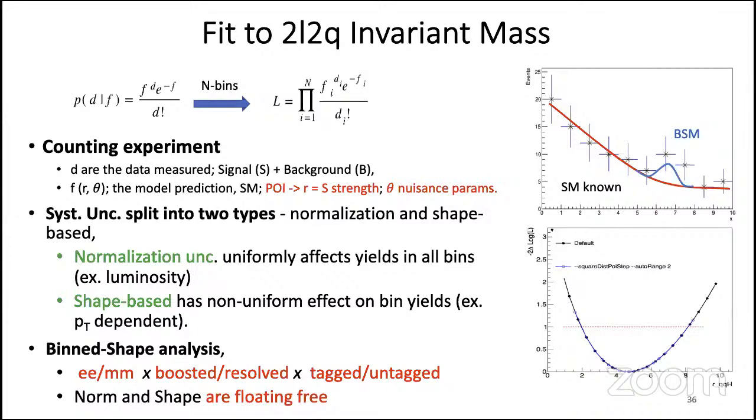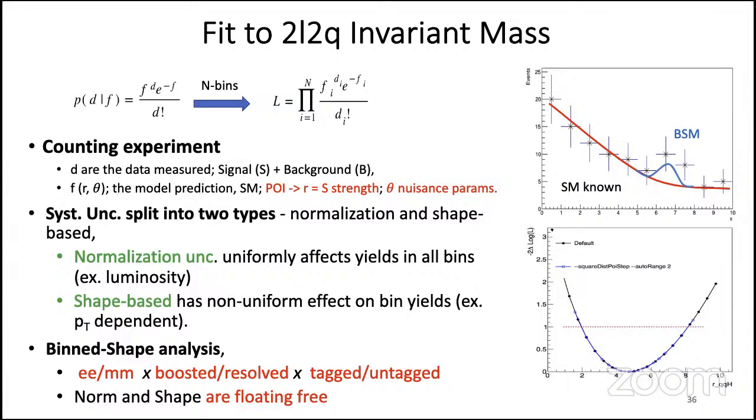Here, this letter D represents the data measured or observed in nature, considering signal and background, and the F function represents the model prediction from the standard model.